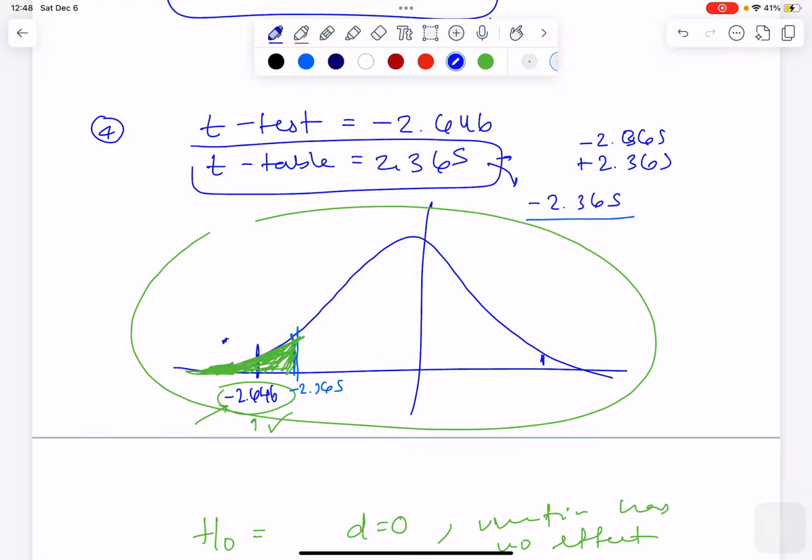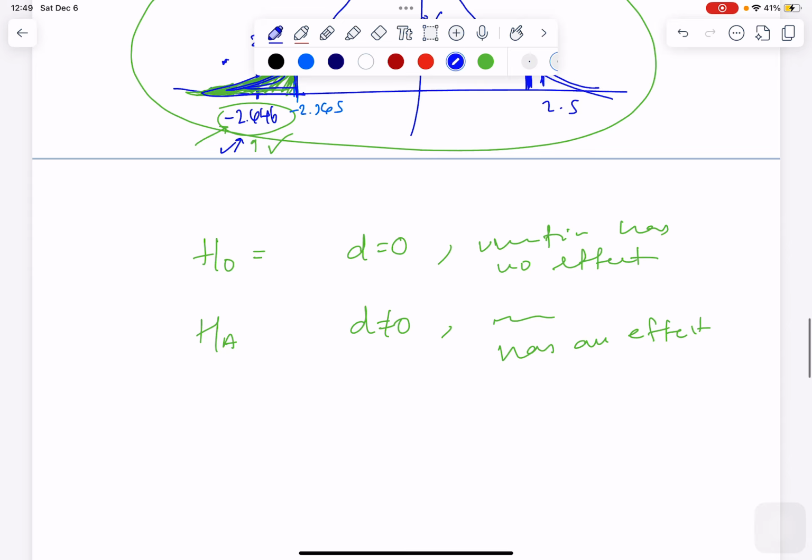This whole is 95%, this is the other tail 2.5, and this whole is the 2.5. Our goal is the value being in this range, and our t-test came out negative 2.64, which is in this range. So we can say we're going to reject the null hypothesis and accept the alternative hypothesis, saying that this medication works.